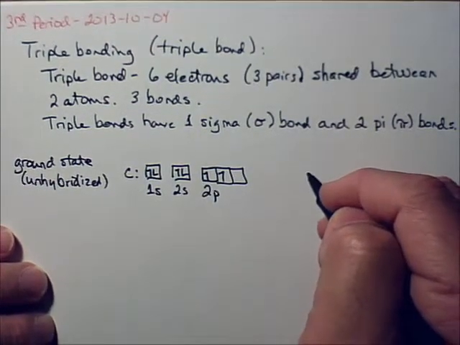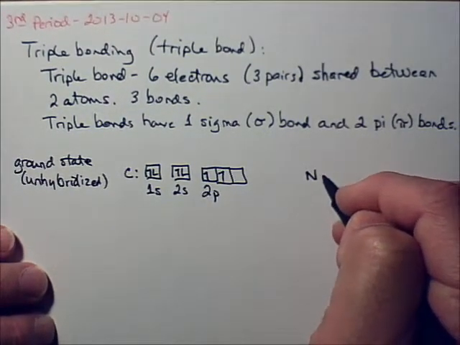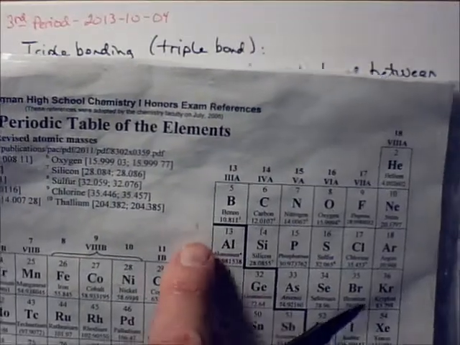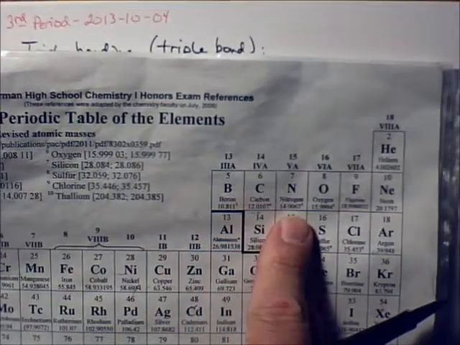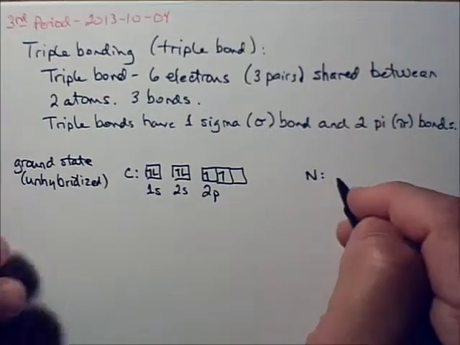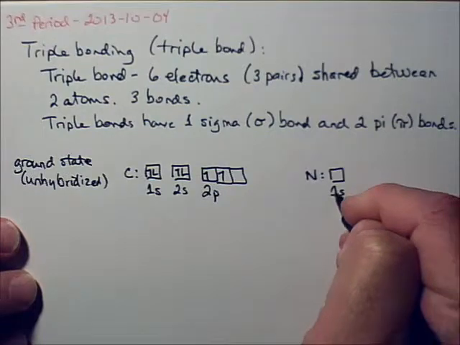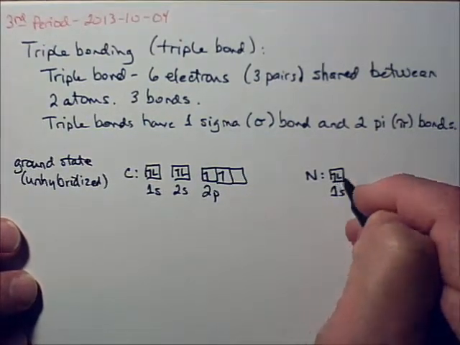We're going to look at nitrogen as well. It's in the same area of the periodic table. They're both right here in the 2p subsection of the periodic table, right next to each other. So it's going to have a full first primary energy level. 1s is only an s sublevel in the first level.